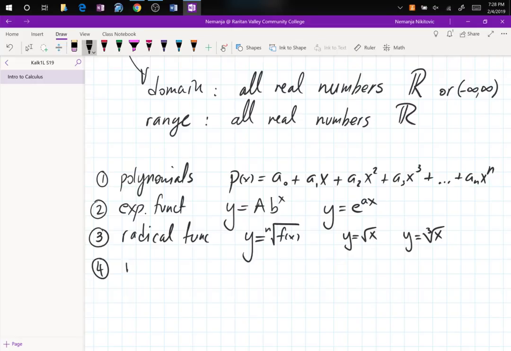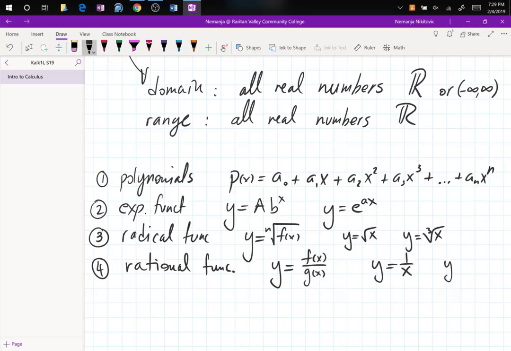Then we have the rational functions, y equals a function divided by a function. Mainly polynomials, but you could have other stuff as well. So f of x divided by g of x. To give you an example, 1 over x is the cheapest you can go.